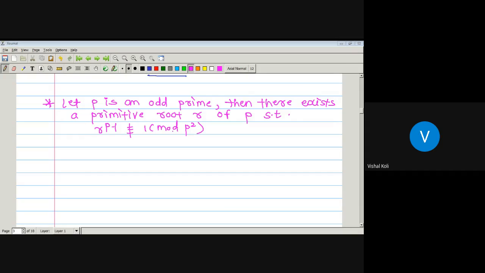Okay, so here we are given p is an odd prime having some primitive root r. Then we have to prove that r to the power p minus 1 is not congruent to 1 modulo p square. That is, we have to prove the existence of such a primitive root r such that r to the power p minus 1 is not congruent to 1 modulo p square.